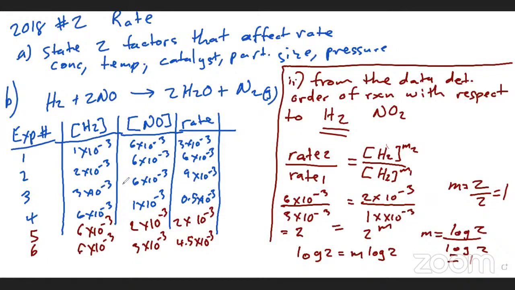So for that reason, we cannot use experiments 3 and 4 because these 2 are not constant. If you look at experiment 4 and 5, you change the concentration of NO while keeping the concentration of hydrogen constant. You could also use experiments 4 and 6.